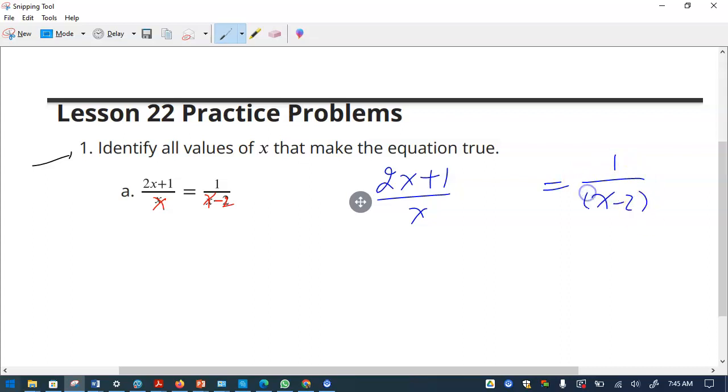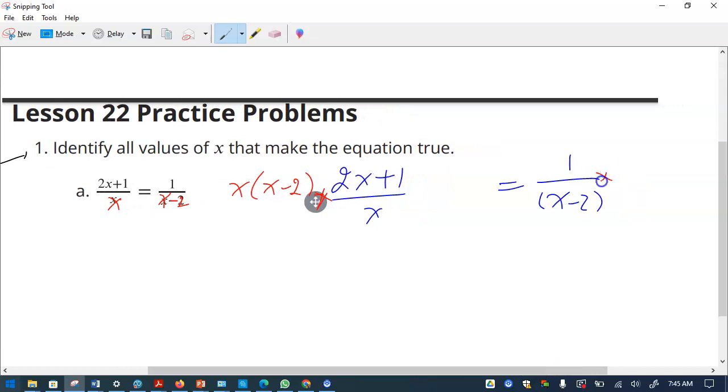The denominators are x and x minus 2, so you multiply x as well as x minus 2 on this side, and you also multiply x and x minus 2 on this side. Now we can cross out: this x and this x go away, and this 2 will remain. And here x minus 2 goes away.